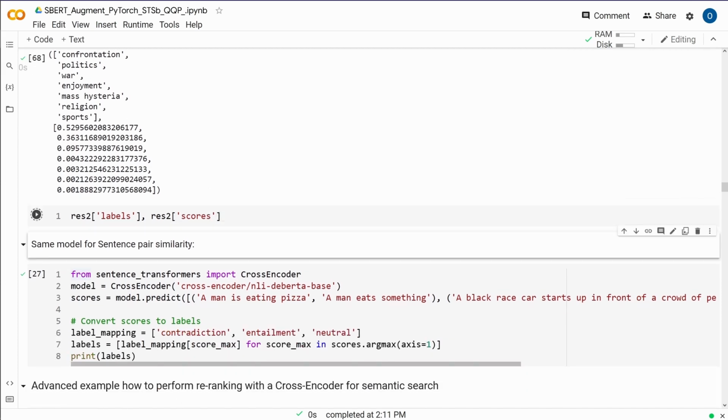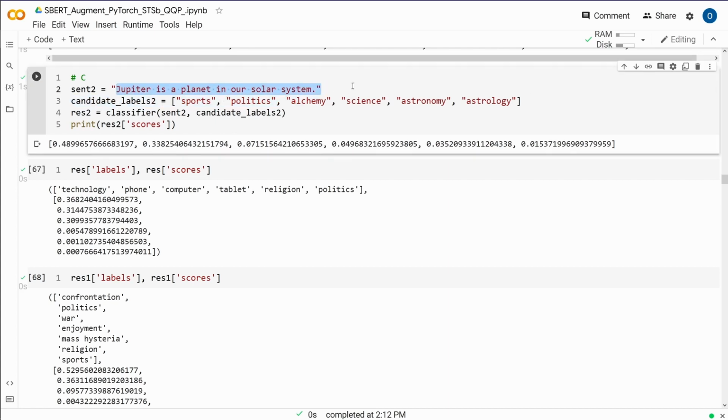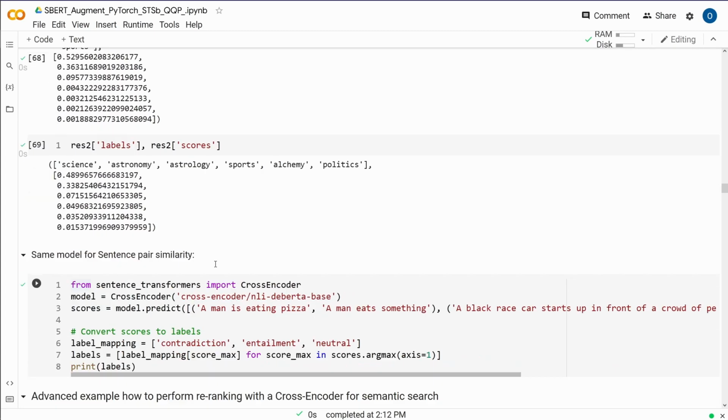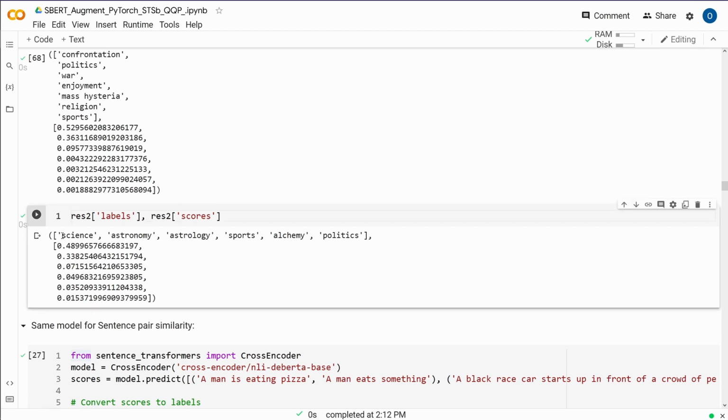And the last sentence, sentence C: Jupiter is a planet in our solar system. We now calculate, here we are, with the labels and the scores, and we say at first it's science, then it's astronomy. And if you look at the numerical indicator, this is 0.4 and 0.3, so these are the only ones that are not 0.0 something.